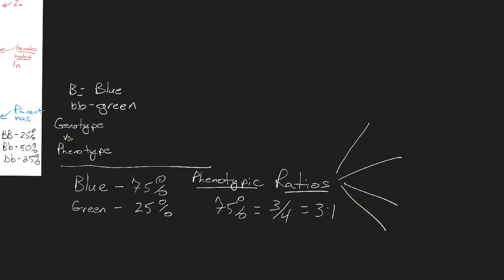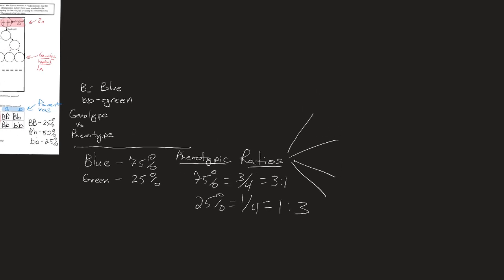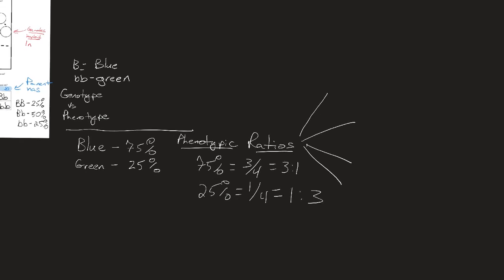So the fraction is 3 over 4, the ratio is 3 to 1, and 25%, the fraction is 1 over 4, the ratio is 1 to 3. Does that make sense? 3 to 1 versus 1 to 3. 3 blue to 1 white, or 1 white to 3 blue, whatever you want to say. But it turns out to be 25% or 1/4.